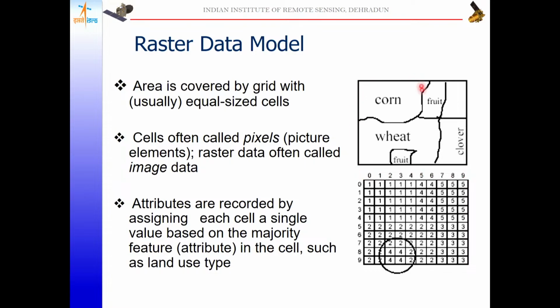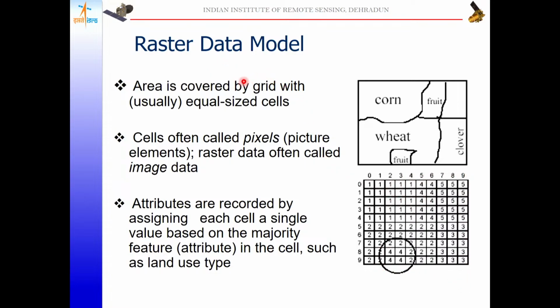So on ground there is a field representing corn, there is another field representing wheat, another field representing some fruit, flower. So when you have to digitalize this data, the ground data, what you need to do in raster data model, divide entire area in the form of regular grids.